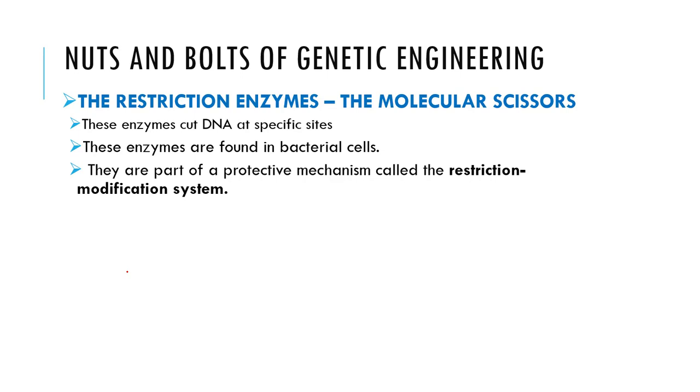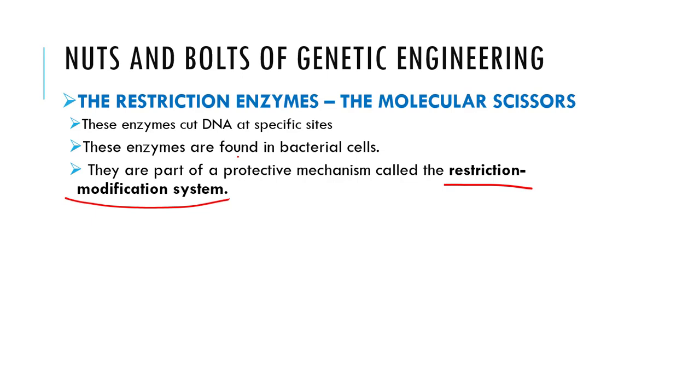What they do is restrict the foreign DNA that enters the bacteria, like the DNA of a bacteriophage, and also they modify the host DNA, the DNA of the bacterial cell, so that it may not be attacked by its own restriction enzymes.